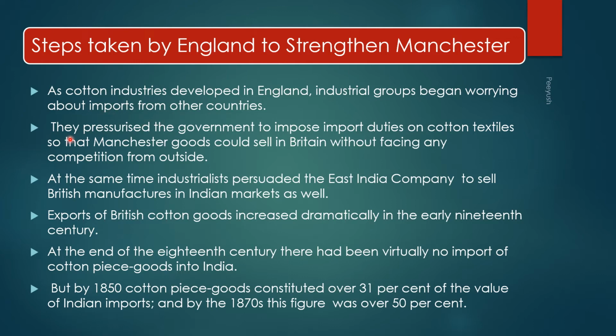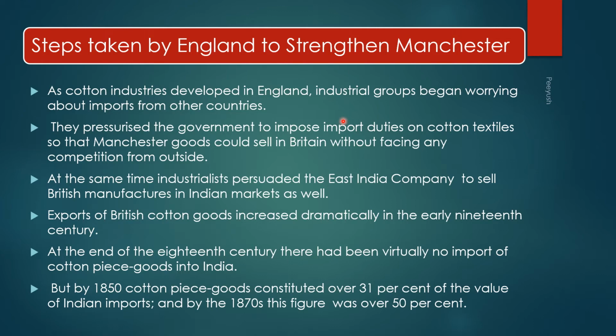So what they did, they pressurized the government to impose import duties on cotton textiles so that Manchester goods could sell in Britain without facing any competition from outside. So simply, Manchester groups, all the industrial groups, industrialists, approached the government and asked the government to impose import duties. Duties means taxes.